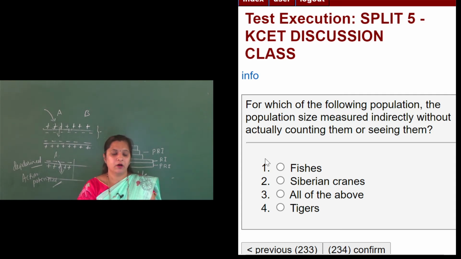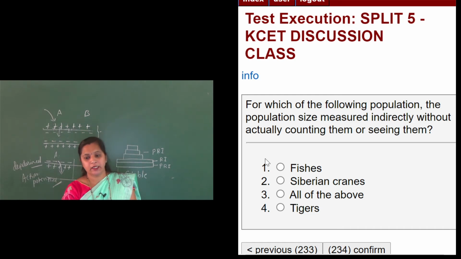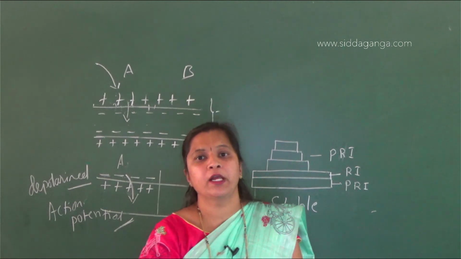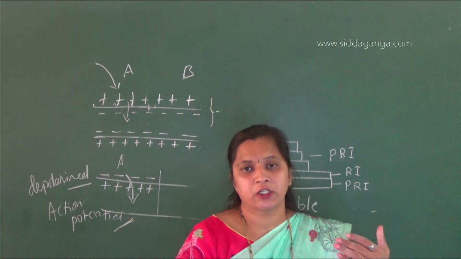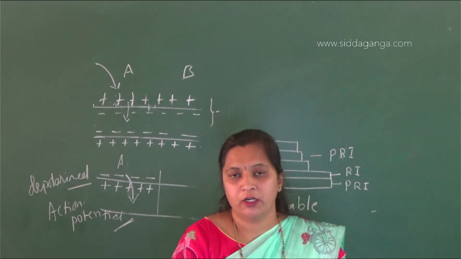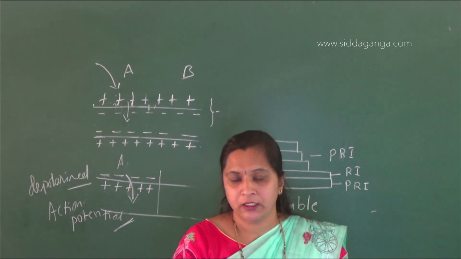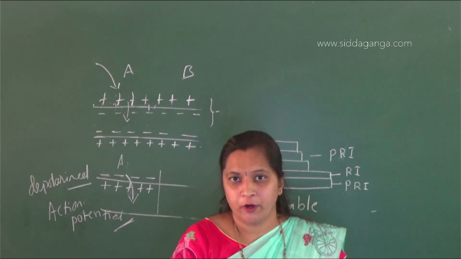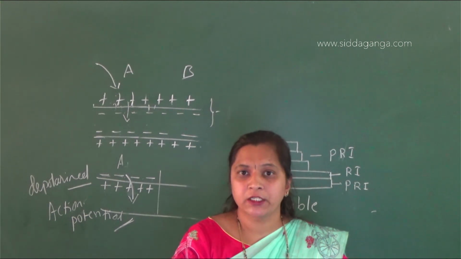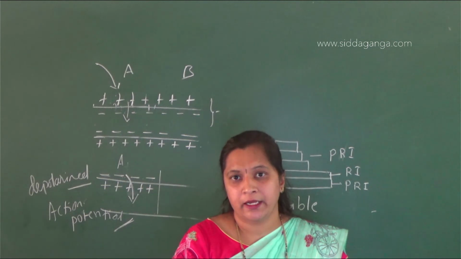Third option, all of the above. Fourth option, tigers. See, population density. Usually the population density or the size of a population, how is it measured? It is measured by counting the total number of individuals present in a particular place, or else it's a percent cover of the biomass. But the population density can also be measured indirectly.